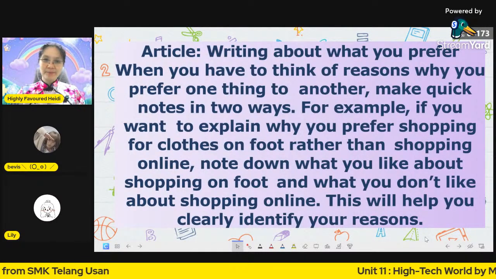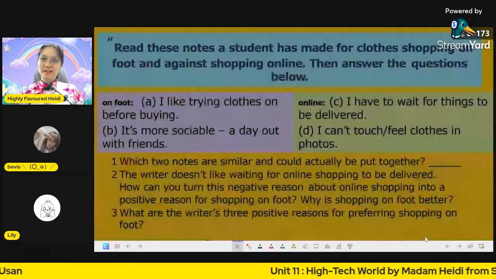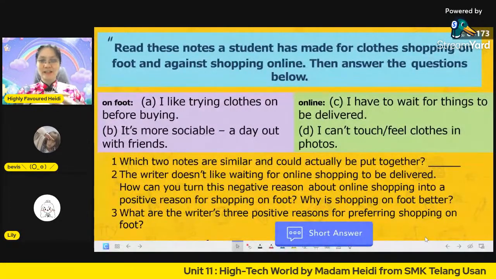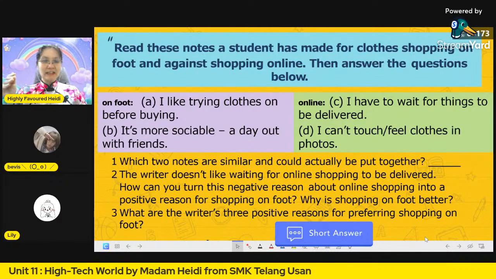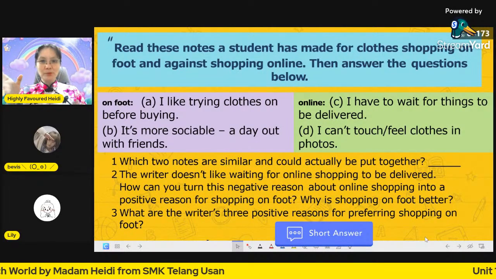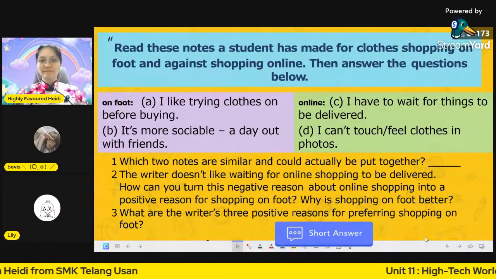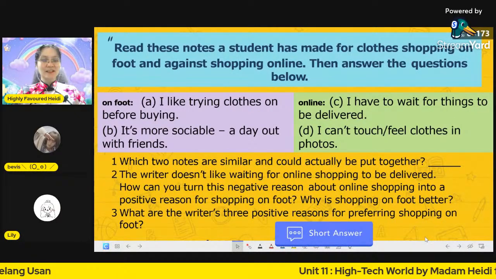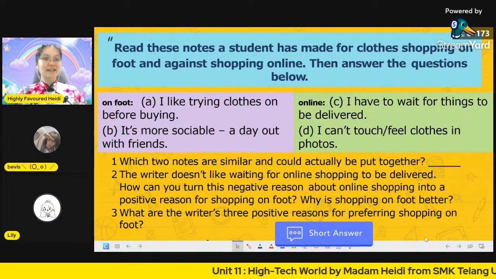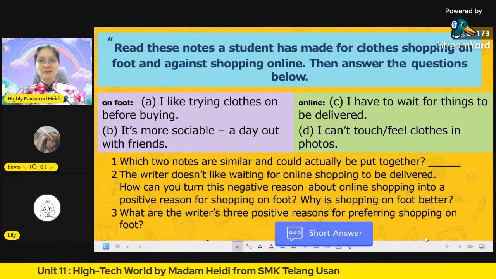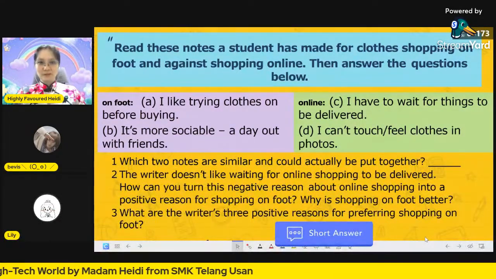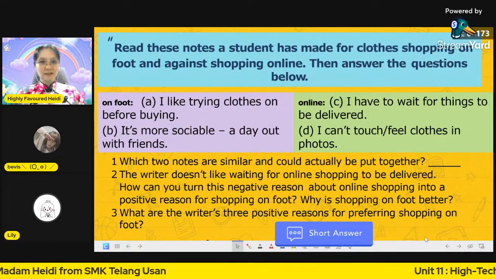Alright, so let's look at the exercise that I've given you. Here it is written, short answer. Lily, can you read the one in blue, red, and green? Read this note. A student has met for clothes shopping on foot and against shopping online.